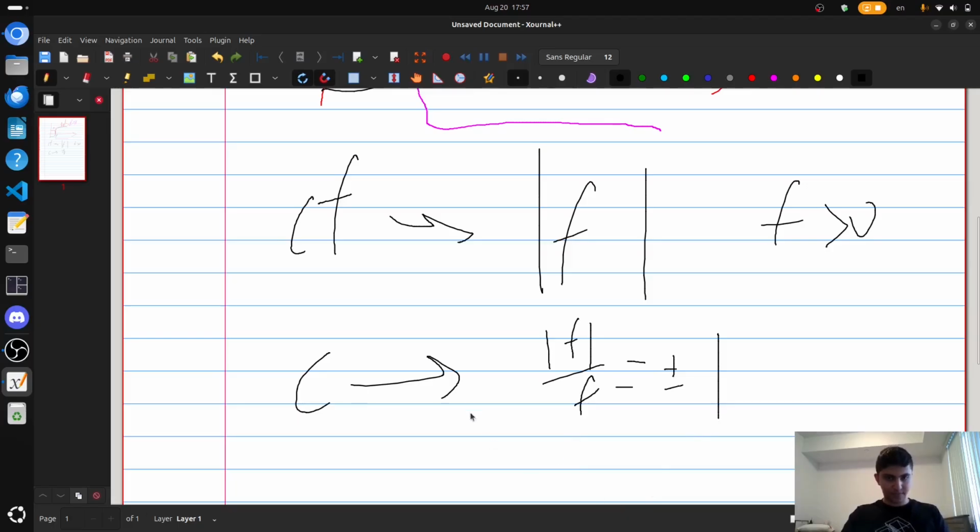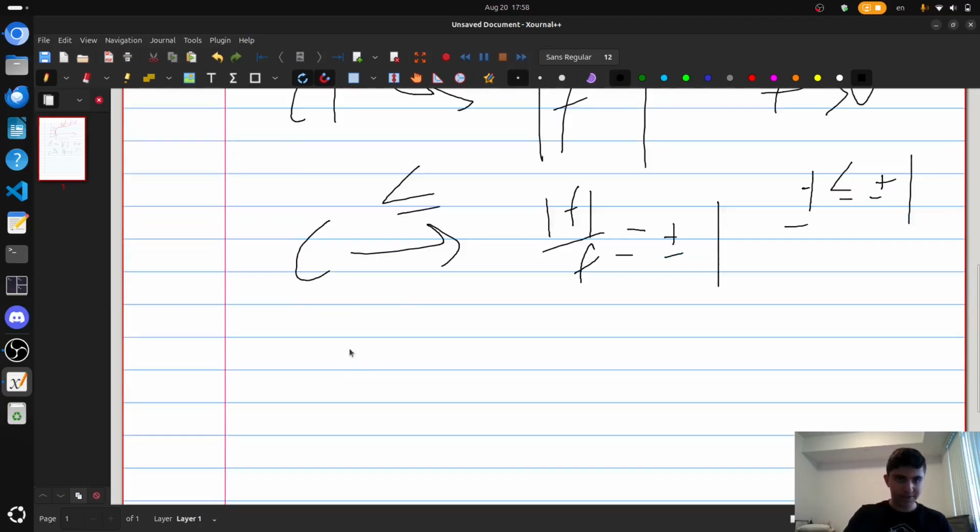And we know in this case it's going to be less or equal to, because we know that c is plus or minus 1. So it's going to be less or equal to this, plus or minus, because plus or minus 1 is less or equal to plus or minus 1. Now if f is less than 0, the sign will be flipped. So it's going to be like this.